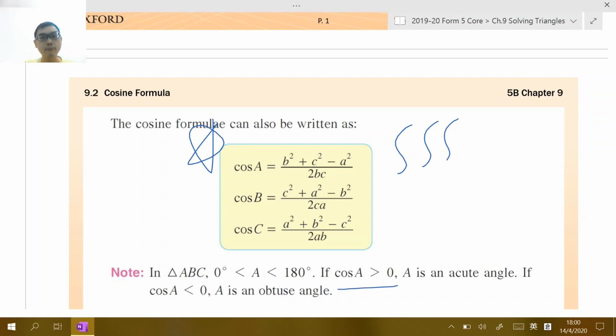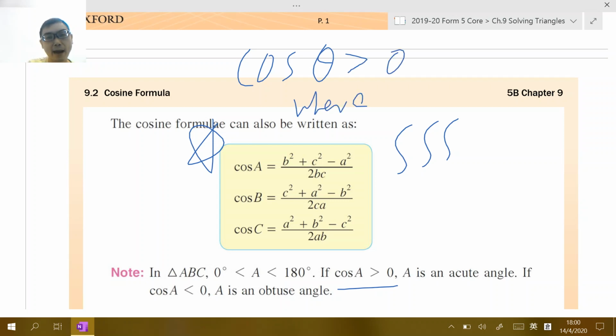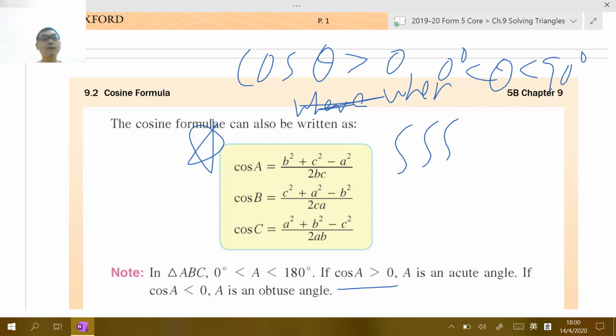Because of the properties of the cosine function, you should understand that when cosine of the angle is positive, the angle is in the first quadrant for the triangle. That means when we say cosine theta is greater than 0, you have the first quadrant. But you may have a negative value, because on the right side there is a minus sign, so the right side expression may be negative.